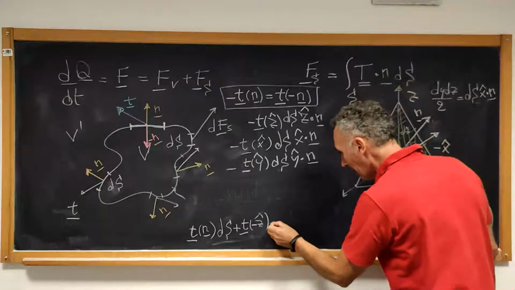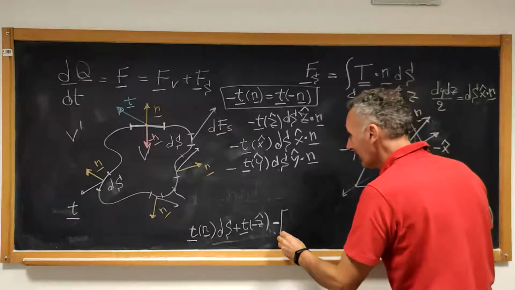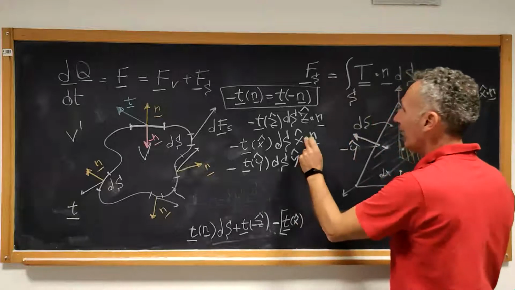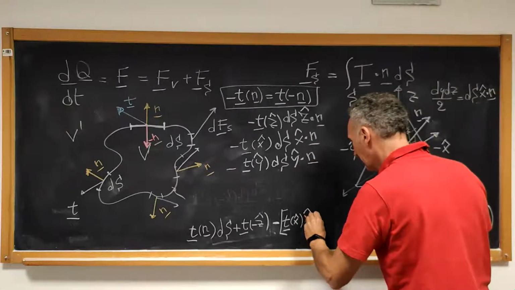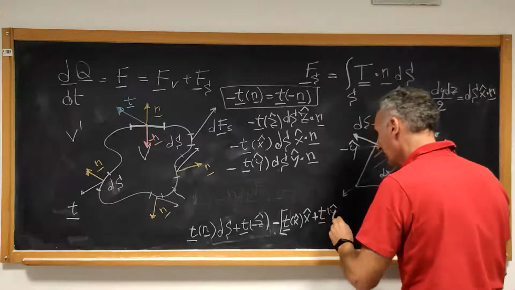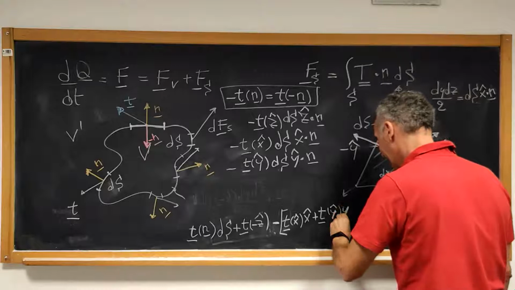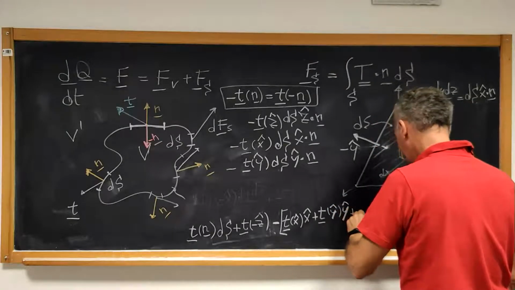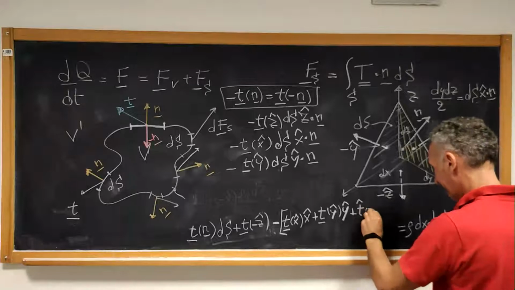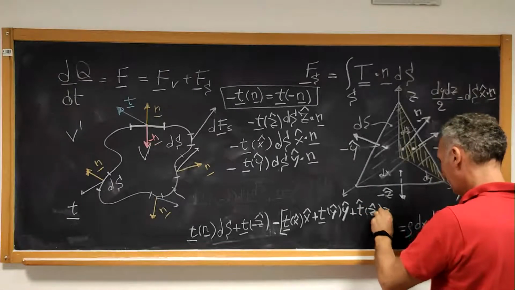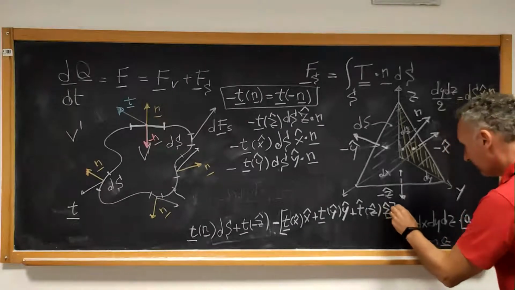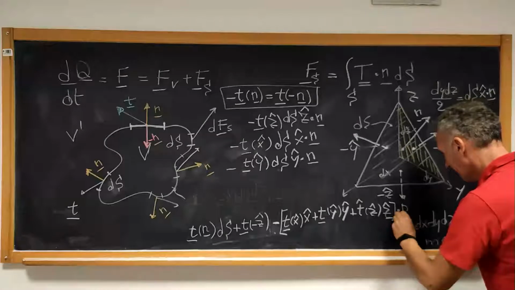So I can write minus square bracket t x hat x hat plus t y hat y hat plus t z hat z hat. Now close, dot n ds.